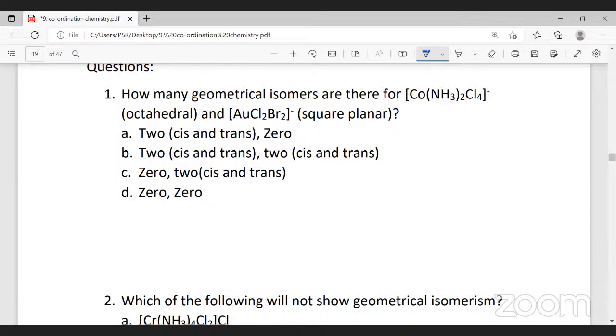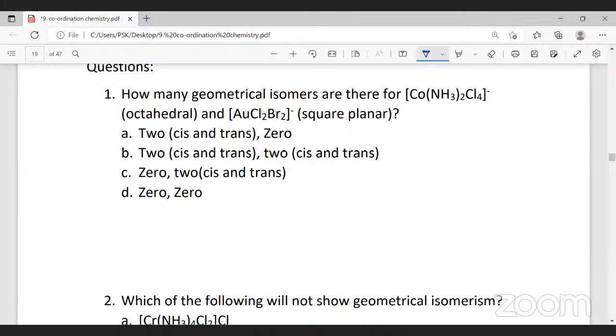Now, any clarification with that, you can ask me. Any clarification so far? No? Okay. Now, coming to isomerism, we'll learn some of the questions.